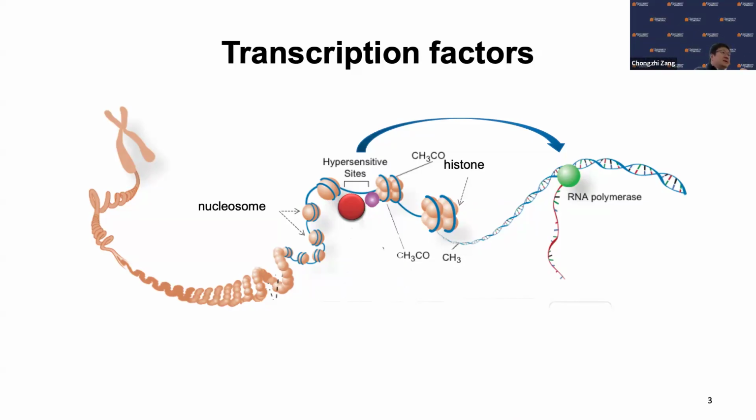And transcription factors play a role of controlling which genes need to be opened and transcribed, and when they are going to be transcribed. So I use a diagram here in which this red circle represents the transcription factor, which can interact with the DNA at a part of the exposed DNA region. And then they can regulate their target genes either close by or very far away from these binding sites.